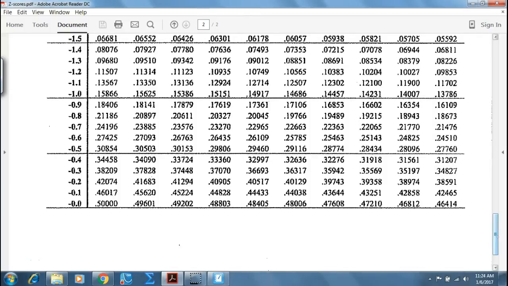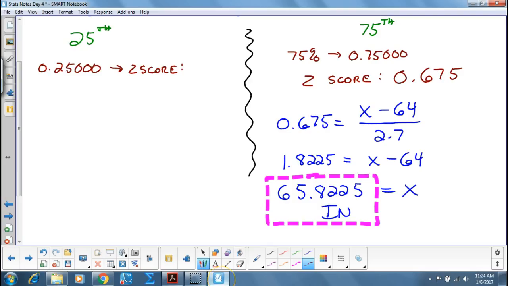It looks like it's in between 0.67 and 0.68. Because again, we're 143 above, and we're 175 below. So let's go with, again, negative 0.675.